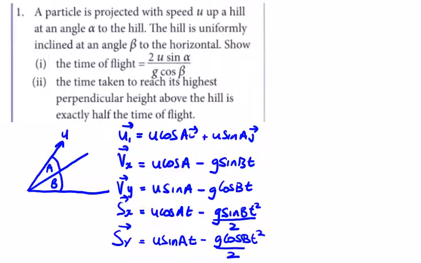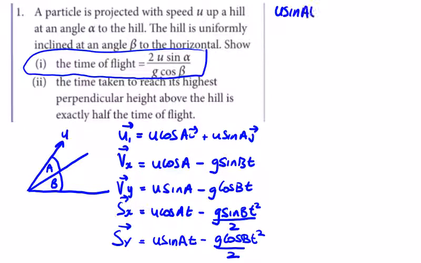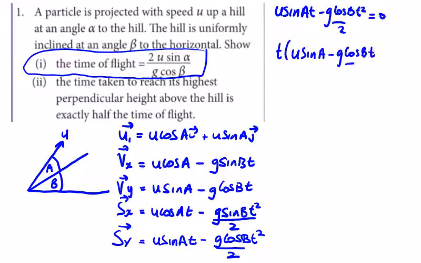So what we're asked for here is to show that the time of flight, the time taken to reach the max range, is 2u sine alpha over g cos beta. So that's when s of y is equal to 0. So we can say that u sine alpha times t minus g cos beta times t squared over 2 equals 0. Factoring out my t, I get t times (u sine alpha minus g cos beta times t over 2) equal to 0.